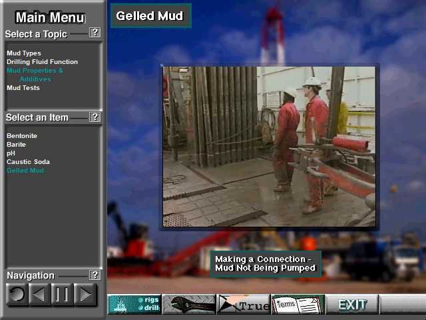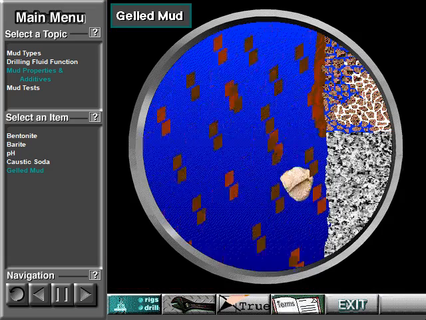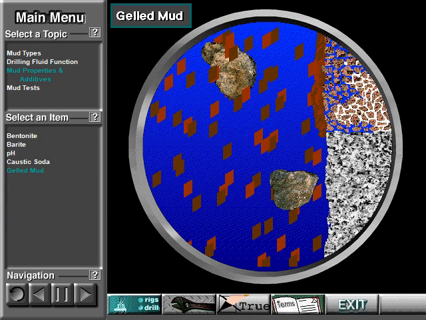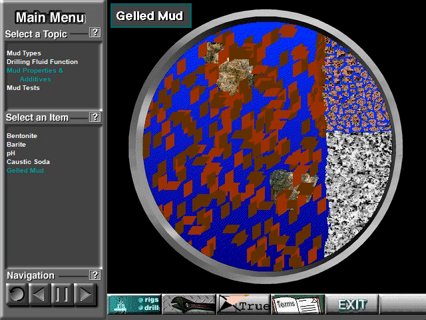When drilling stops, say to let the crew make a connection, add a joint of drill pipe to the string, the driller normally stops pumping mud. When pumping stops, the mud stops moving. At rest, mud gels, that is, it becomes a semi-solid like gelatin.